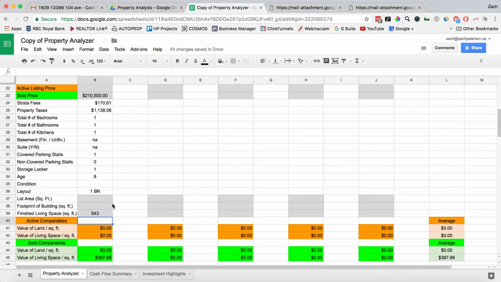What this spreadsheet does is it takes the sold price and divides it by the finished living space to give you the value of the finished living space per square foot. Then over however many comparables you have, it's going to average this number out and give you an average price per square foot.